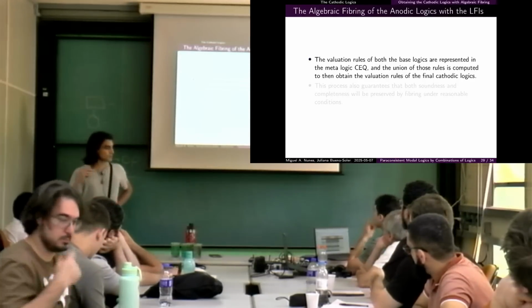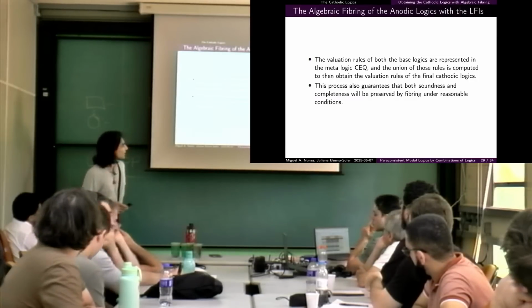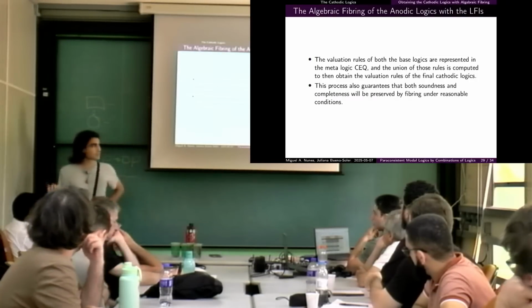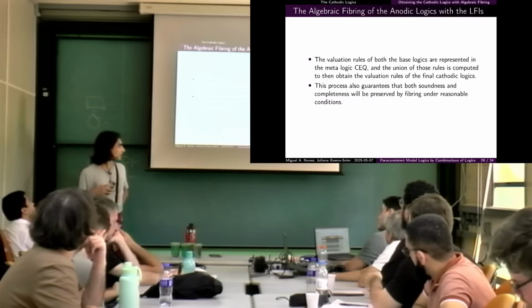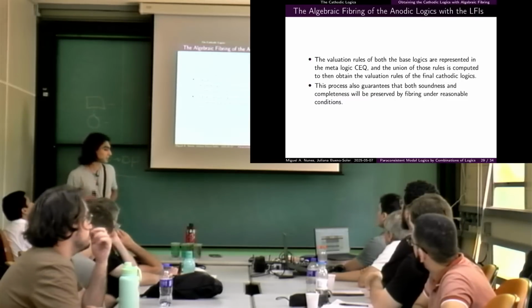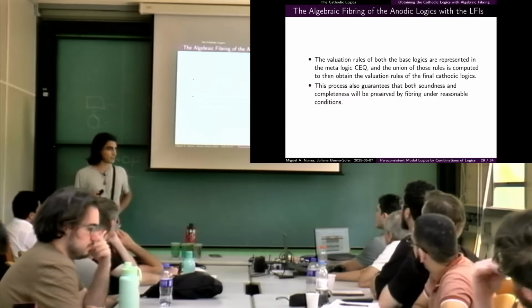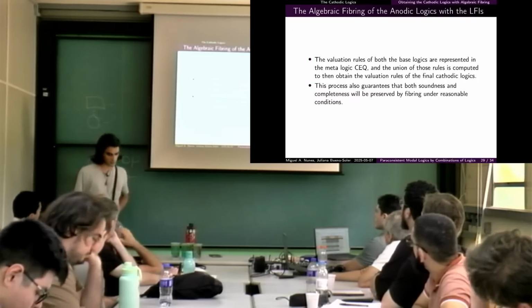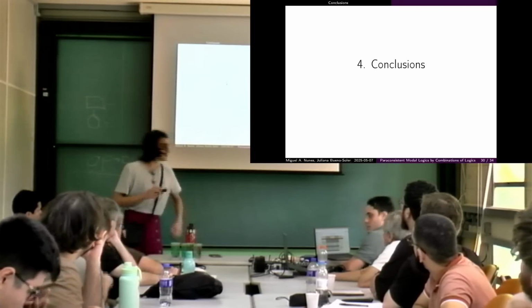Then I have to compute the set theoretical union of both of these, and then I can get the evaluation rules for the cathodic logics. This process guarantees that soundness and completeness both will be preserved under some reasonable conditions. If I recall correctly, it's that both logics have implication, conjunction, and disjunction. So some conclusions. Okay.